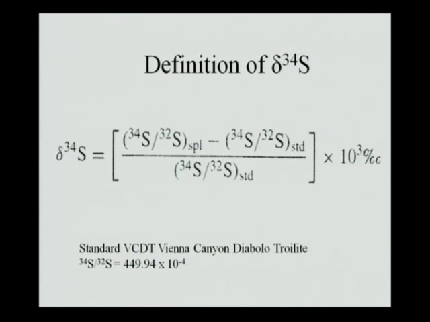So, as a delta notation, as for all the stable isotopes, it's against a standard: the ratio in the sample minus the ratio in the standard, divided by the ratio of the standard, times 1,000. And expression is in per mil. Here the standard is the VCDT, or Vienna Canyon Diablo Troilite.